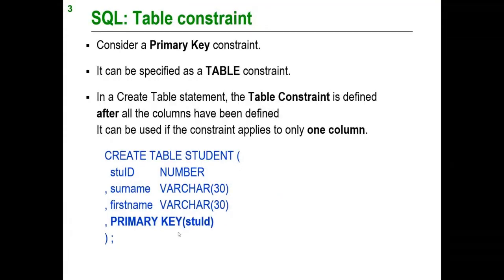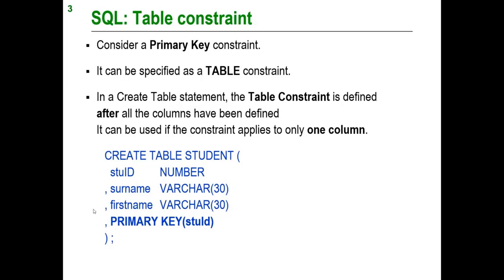Sometimes we can define a constraint as a table constraint, right? For example, sometimes we may have constraints that apply to more than one column at a given time. So here I have actually used the same example, but as a table constraint.